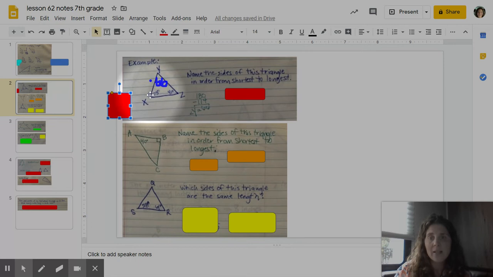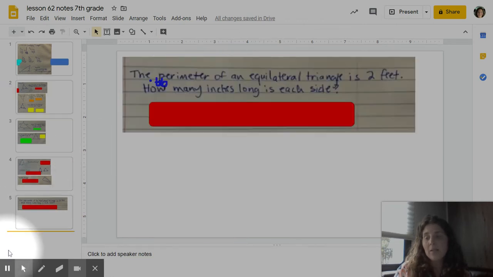That's the smallest one. The next smallest angle is this one, so the side that goes with it is YZ. And the biggest side is across from the biggest angle. That's XZ.